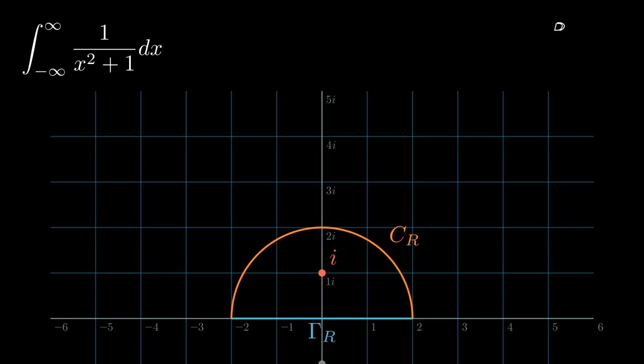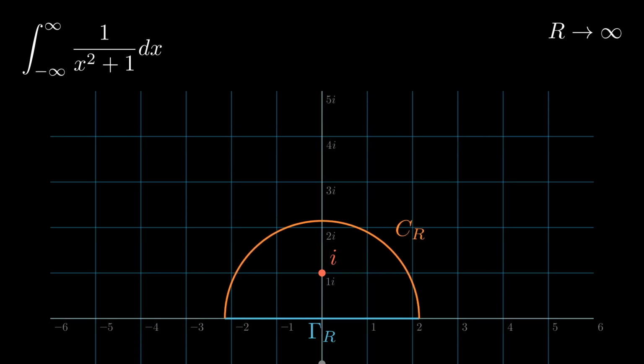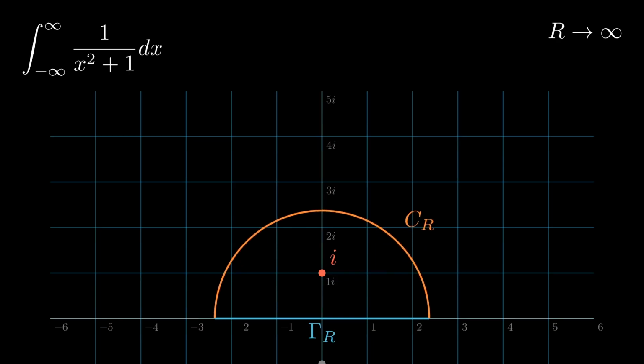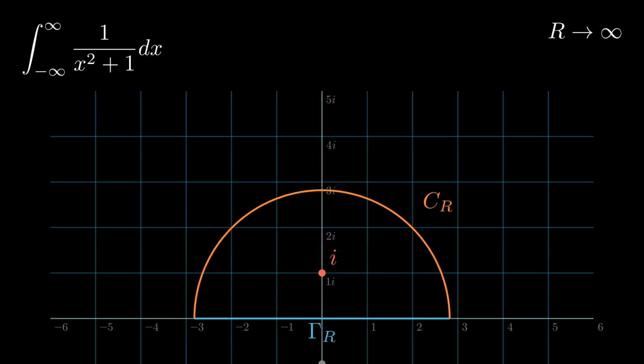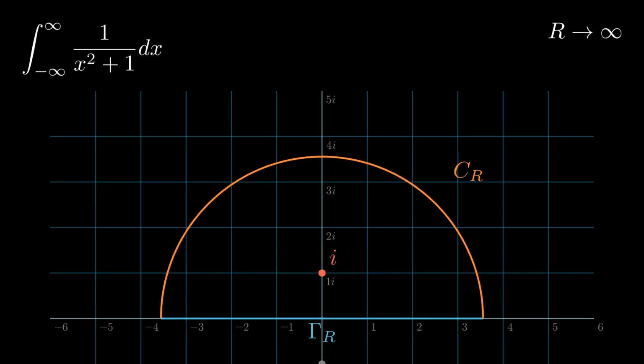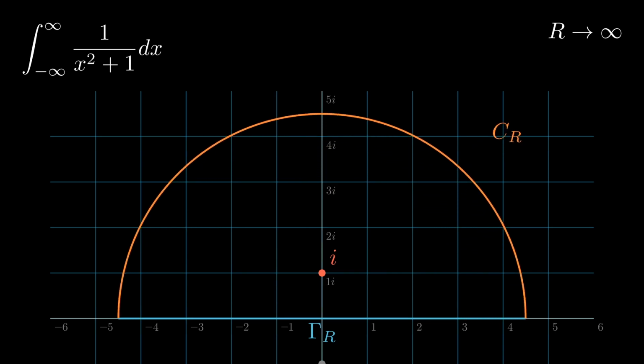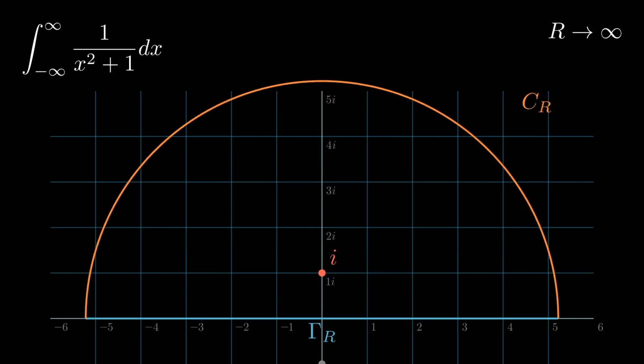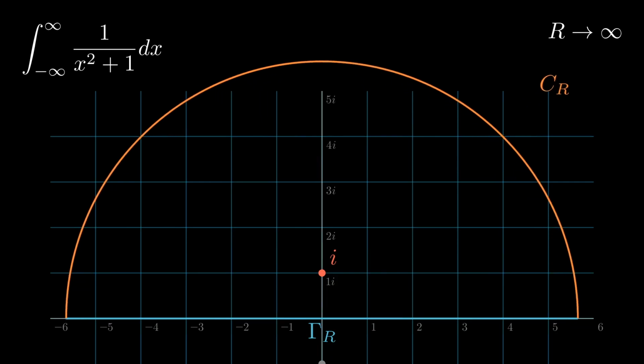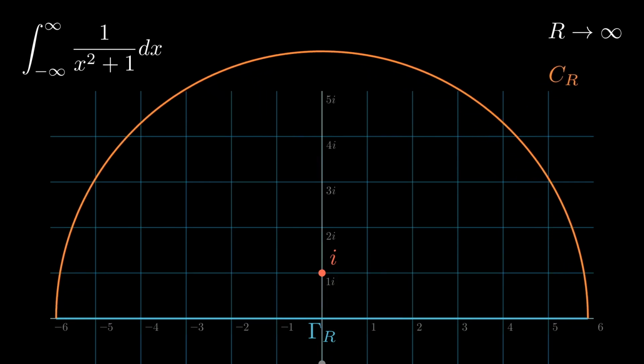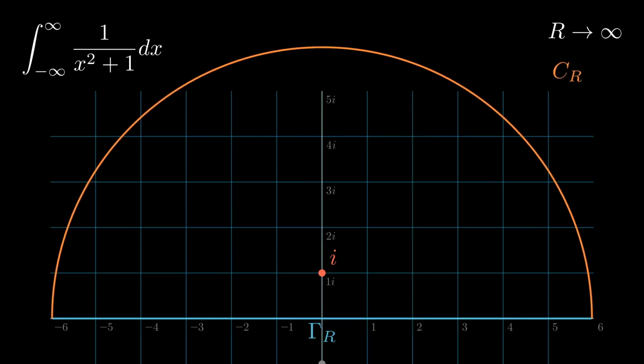So a quick graphic recap of what we did. We considered this contour, which consists of this gamma r, which is this segment between negative r and r, and this circle CR that encloses the pole at i. Then we are taking the limit as r goes to plus infinity. In this way, the contour gamma r will converge to negative infinity to plus infinity, and CR becomes a ginormous circle.